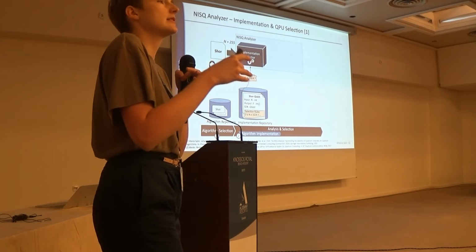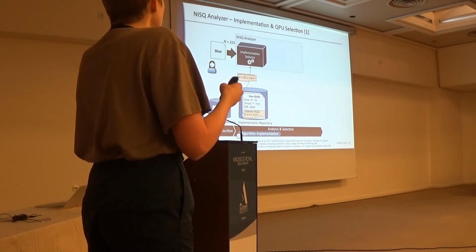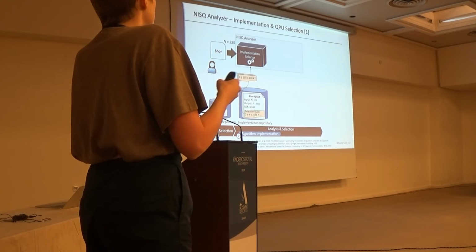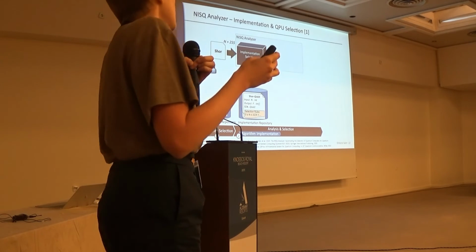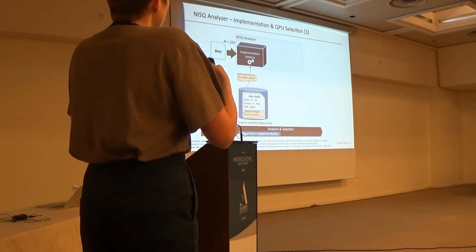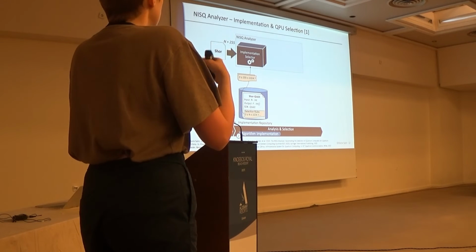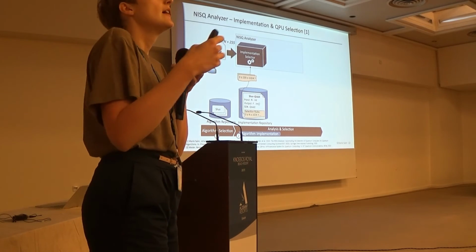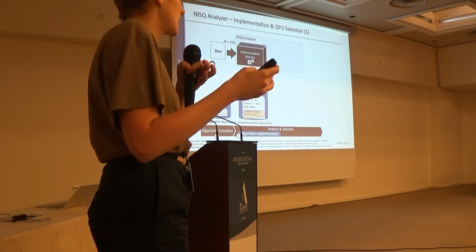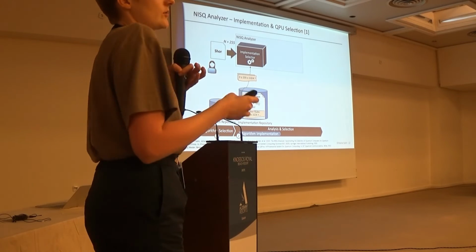For example, the implementation has an input range of 0 to 1024, and what the NISQ Analyzer does is it inserts our 255 and checks if this implementation can calculate the specific input value or not.